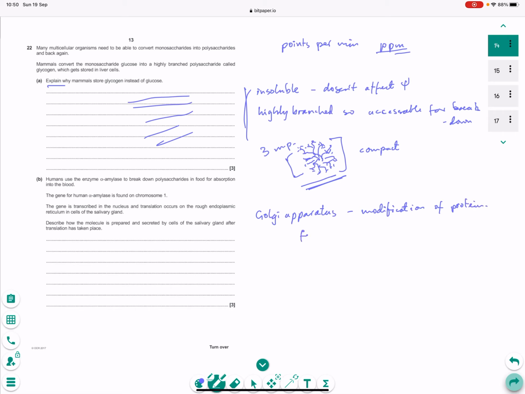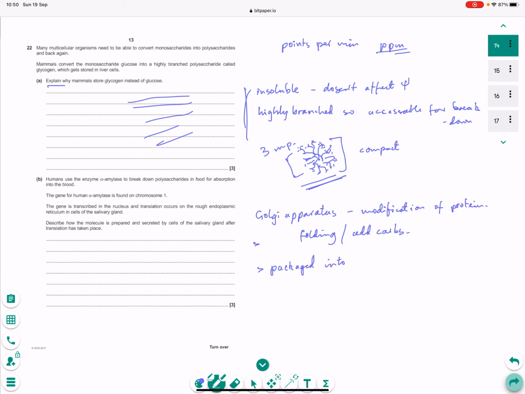So it could be further folding. Could be like adding carbs, even lipids or whatever. That's the first thing. Then it's packaged after that. After it's been processed, it's packaged.